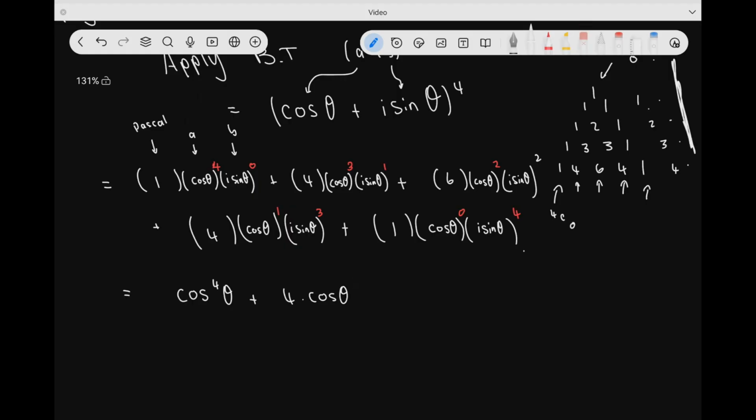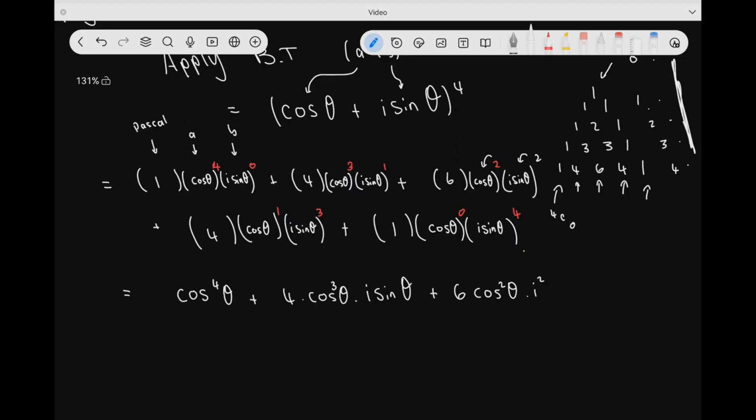I could place that 3 maybe on the inside. Times i sine theta. We can say plus 6 cosine squared theta, by the way, I'm just multiplying these ones in, right?